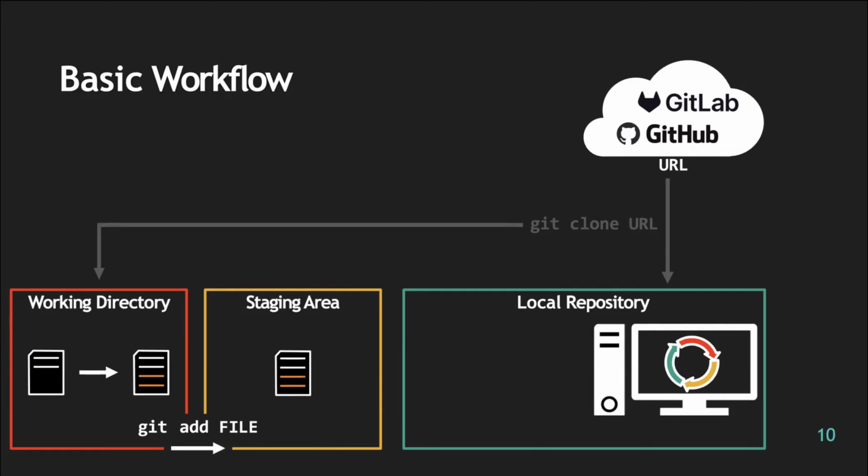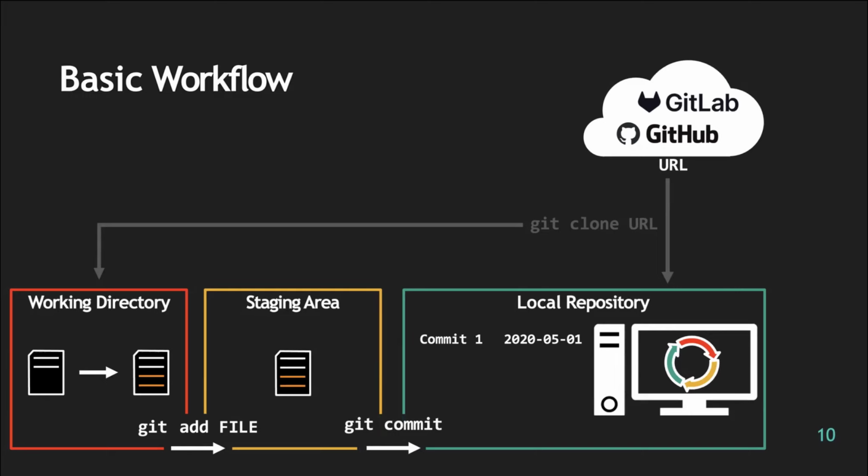That means all the changes in that file are marked to be included in the next commit. And once we did that, we can use git commit to create the first new commit in our local repository based on all the changes that we staged before. And that means we can also leave out some changes and author this in chunks that make sense together.